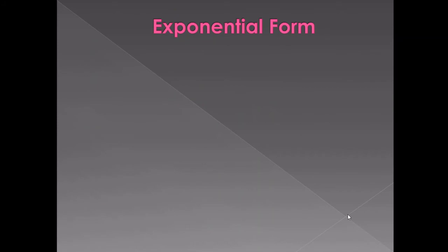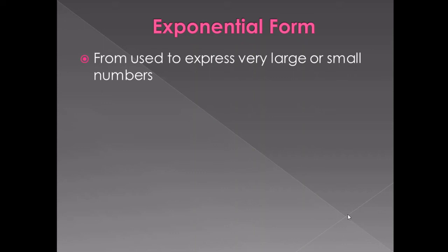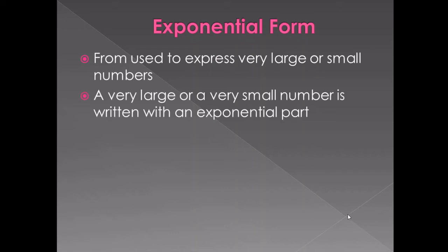What about the exponential form? As I told you, these are numbers having an exponential part. So, the exponential form of a real constant in Fortran is used to express very large or small numbers. For example, a very large or a very small number is written with an exponential part.